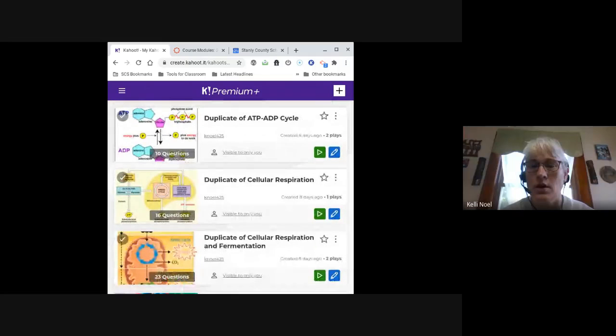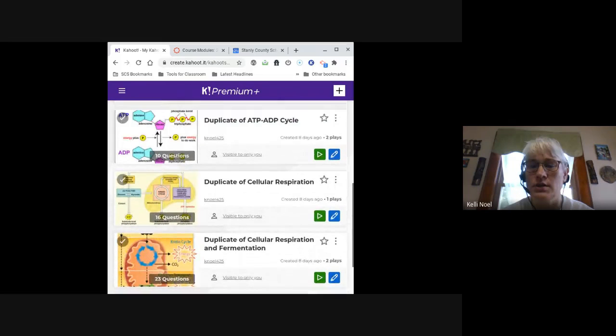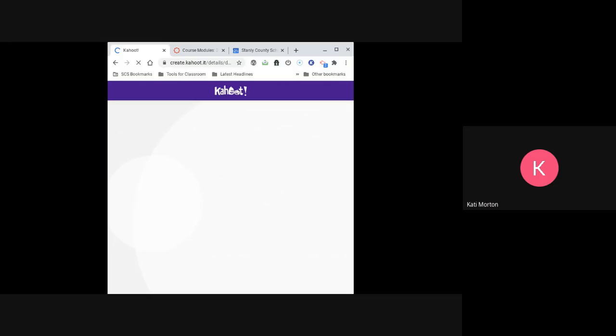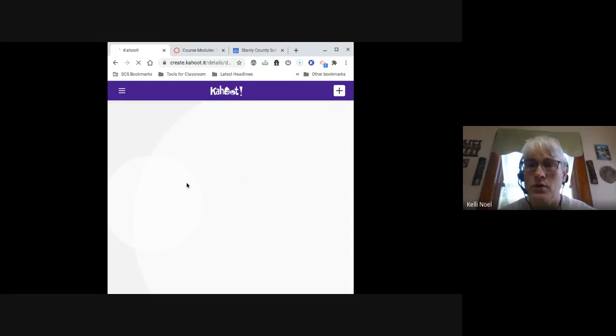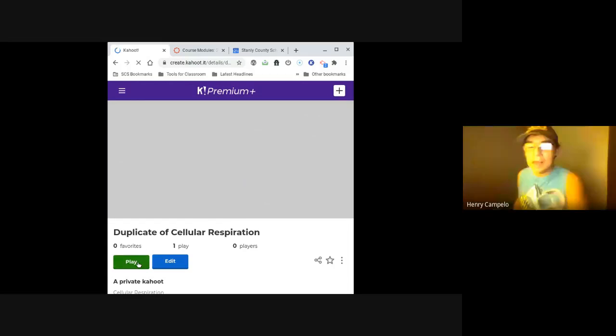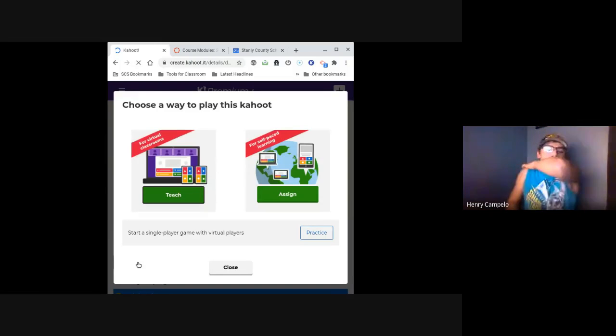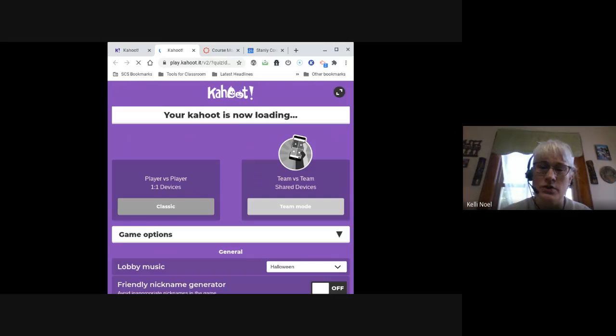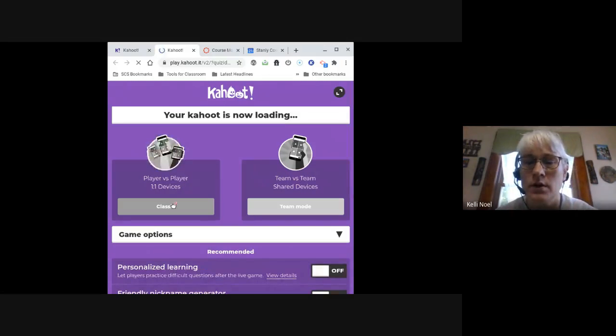Let's do one on just cellular respiration, because it's just 16 questions. We'll have time to do that one. This will pop up a new code in just a minute. I was going to try to do two, but the others that are left are longer, so we may only get one tomorrow.